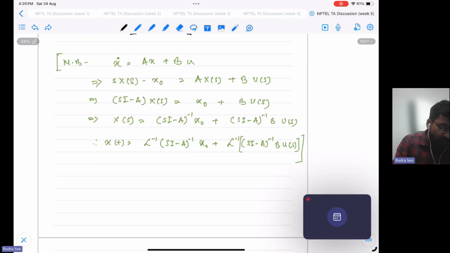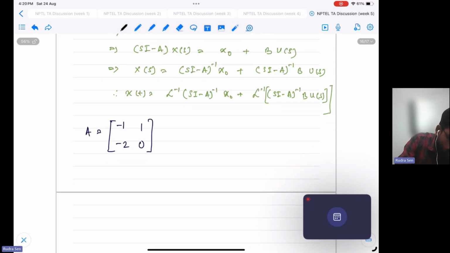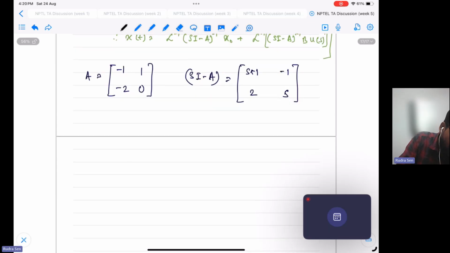So what we have to do: we know the system matrix A, which is [-1 1; -2 0]. You have to find sI minus A, which is [s plus 1, minus 1; 2, s], right?